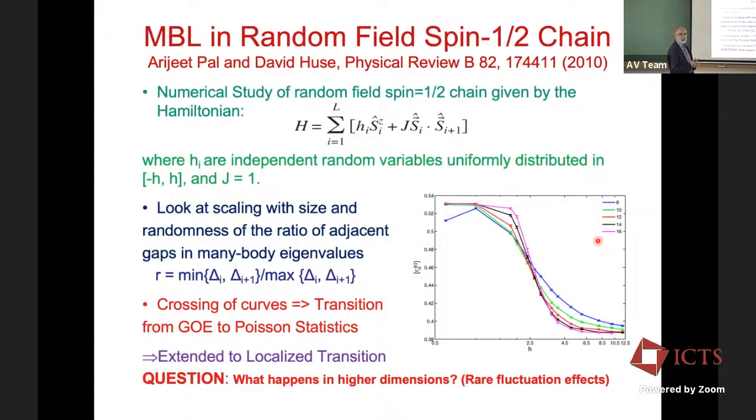Now, I should, in honesty, say there's been 13 years since they wrote their paper, and a lot has happened since then. We do know that there is a fairly iron-tight mathematical proof of the transition in a 1-dimensional system, in particular, this particular model.